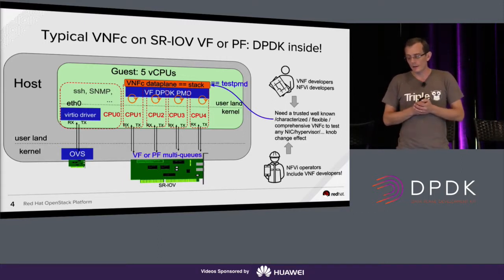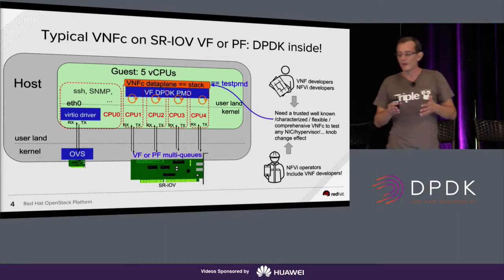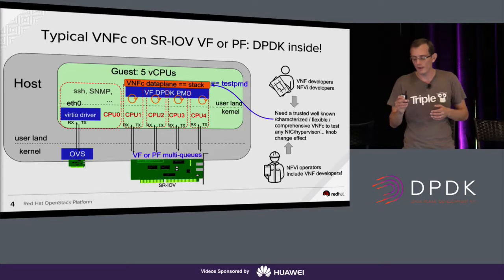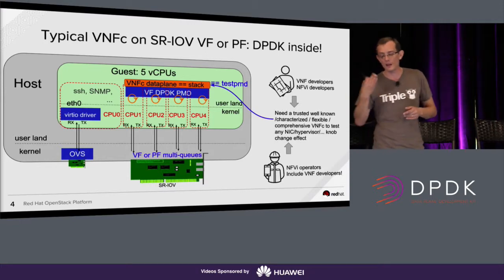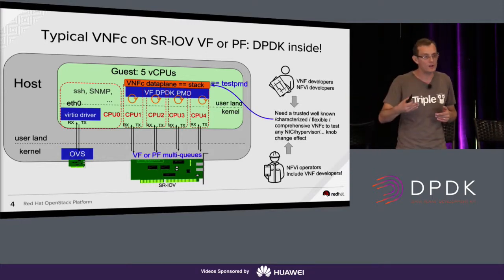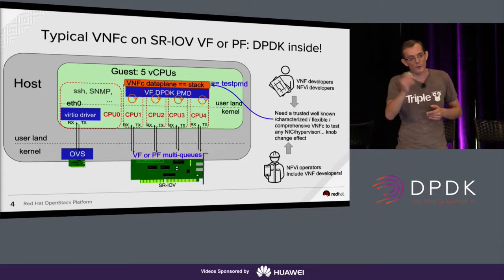At some point, they need a tool to make sure that everything is well configured, and also to check if they increase or decrease the performance by changing a queue size, or a threshold on the write back or whatever. They can use TestPMD instead of their application to find the proper parameter.